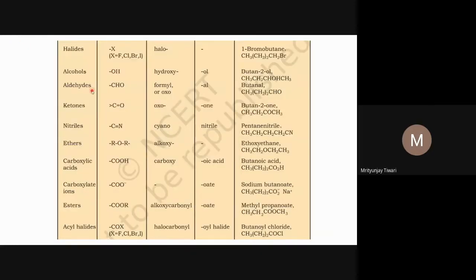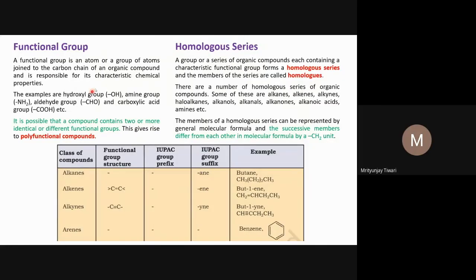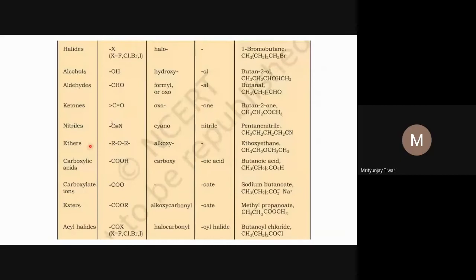Then halides. This class of compounds has halides, so they can be called haloalkanes. Halides means the X group is there. X may be fluorine, chlorine, bromine, or iodine, associated with the carbon atoms, and we call these haloalkanes. One example we have seen is chlorocyclohexane. Here is one bromobutane.